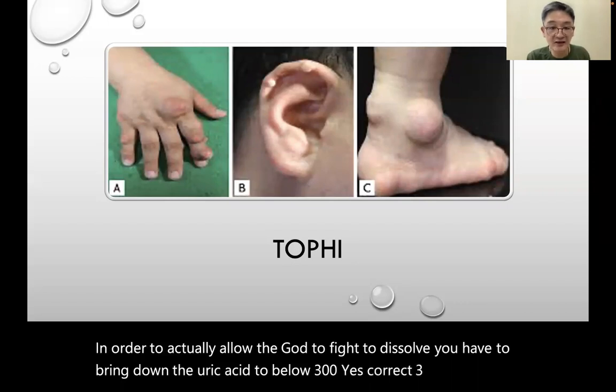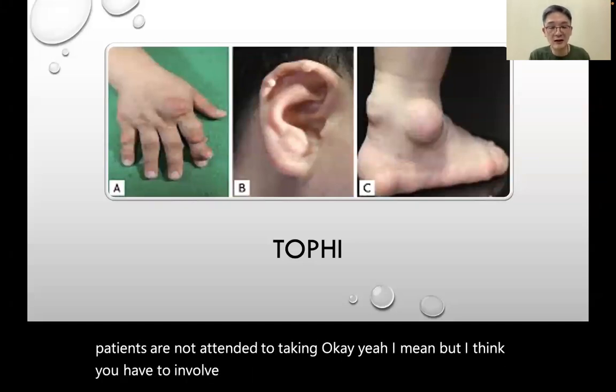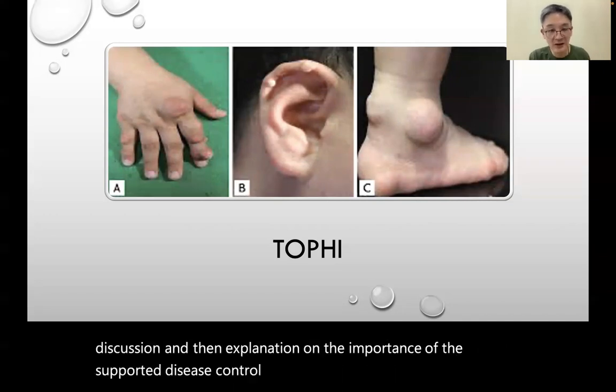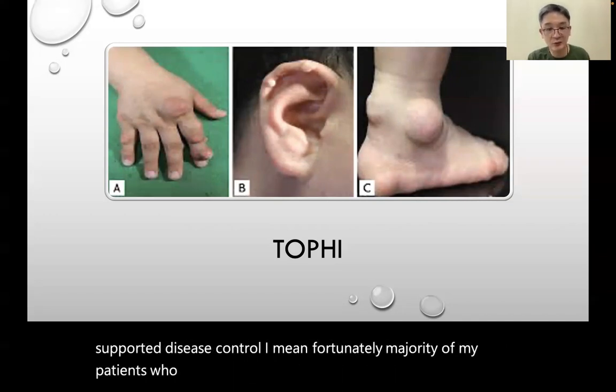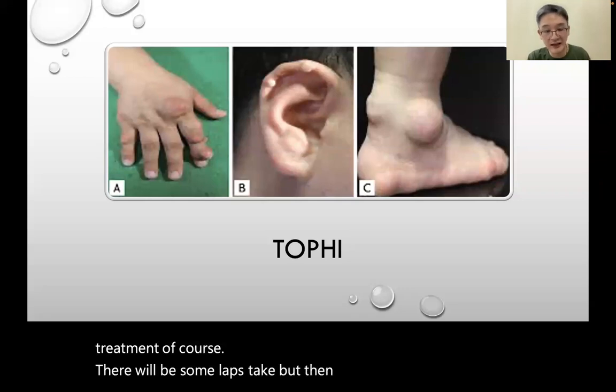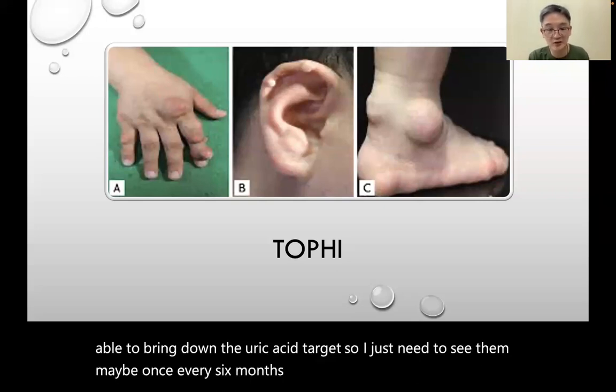Majority of these patients are not adhering to take it. I think you have to involve a lot of counseling and discussion, and explanation on the importance of disease control. Fortunately, the majority of my patients who come to me do adhere to the treatment. Of course, there will be some lapses, but eventually they are able to bring down the uric acid to target. So I just need to see them maybe once every 6 months or once a year, just to make sure everything is controlled.